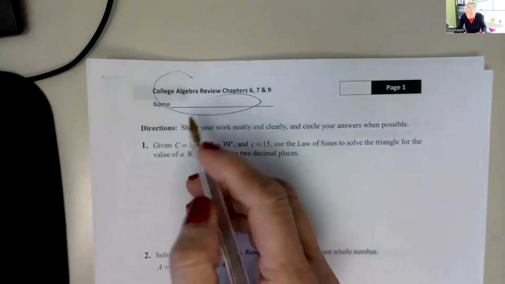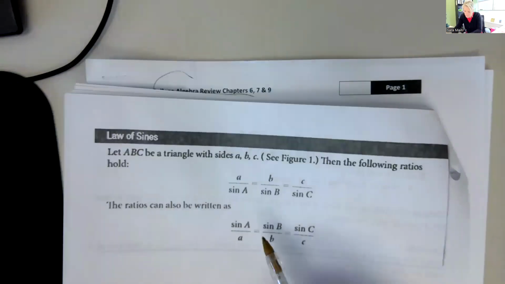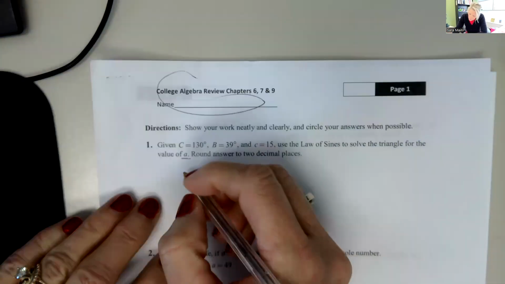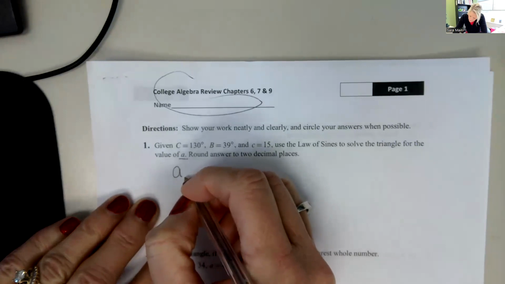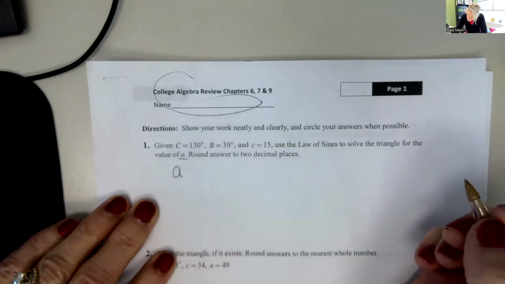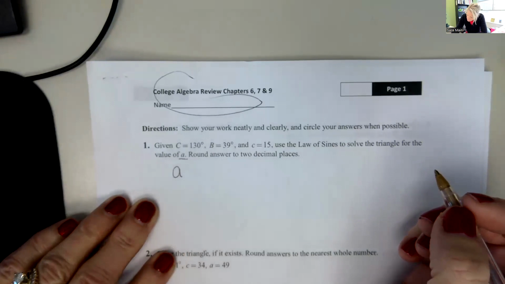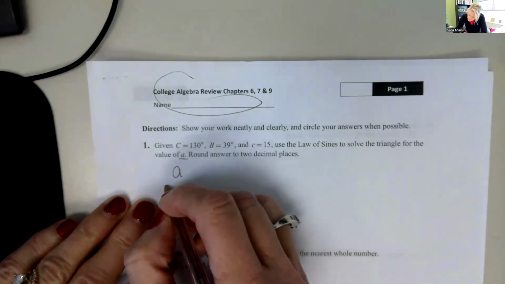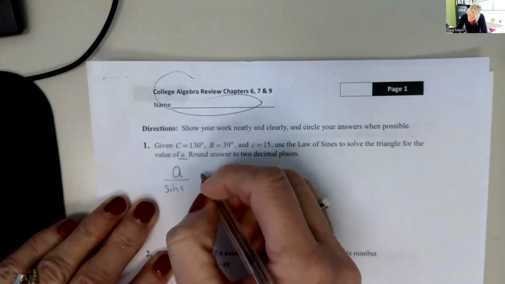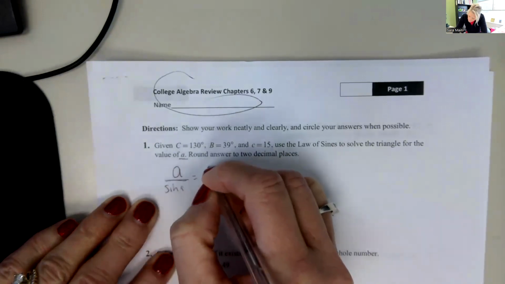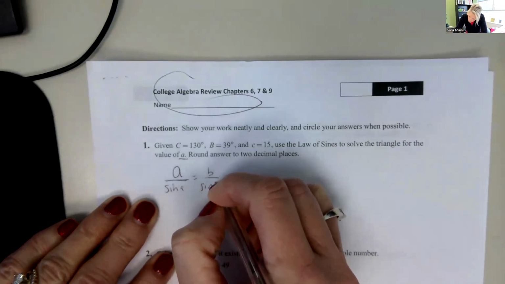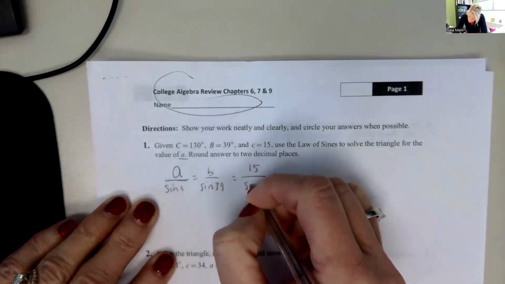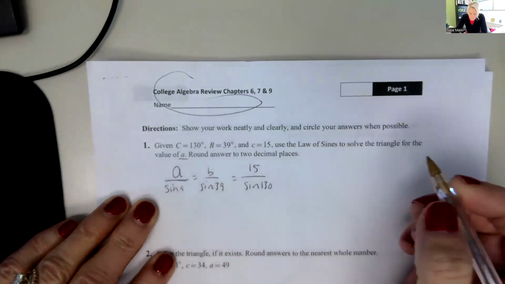Because we are looking to solve for side A, I'm going to write A is to sine of A as B is to sine of 39 as 15 is to sine of 130.